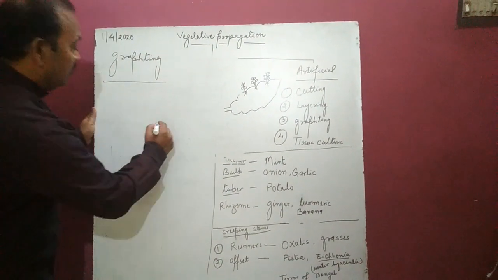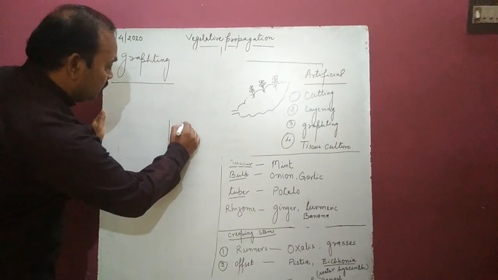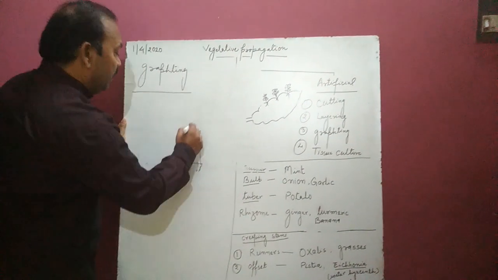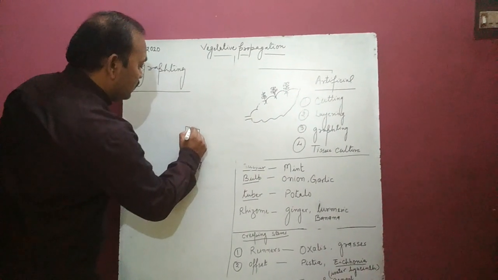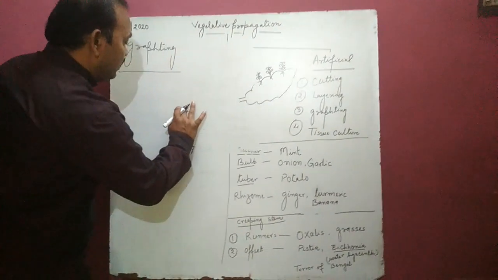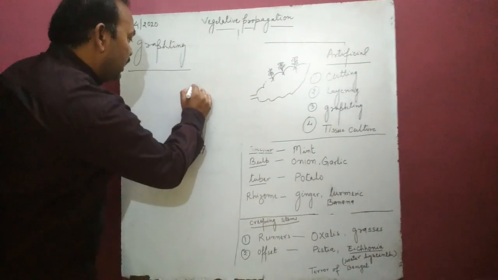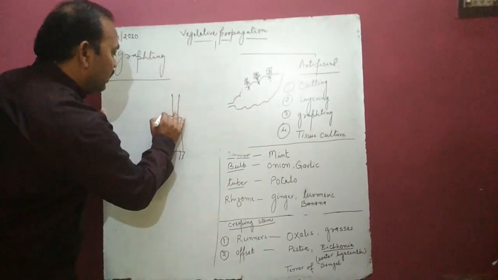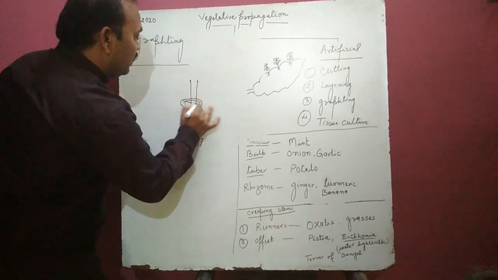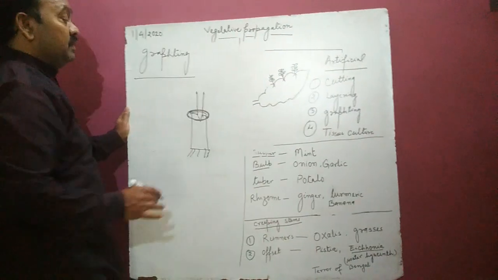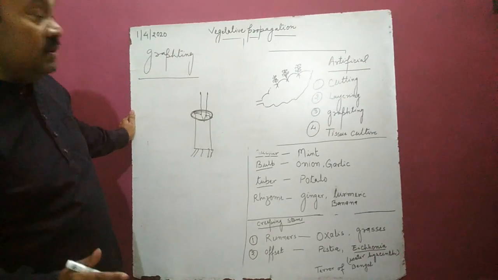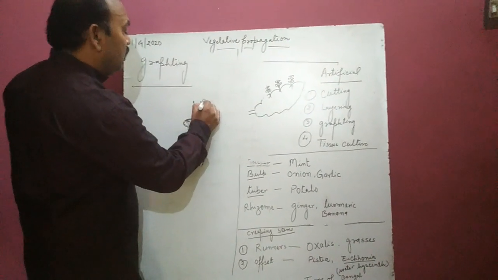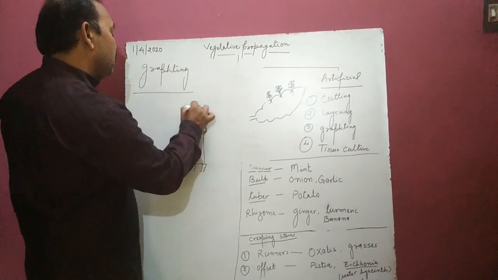For example, that is the parental plant. And next, the scion is added at this region and wrapped with polythene, and it individually forms a new plant.